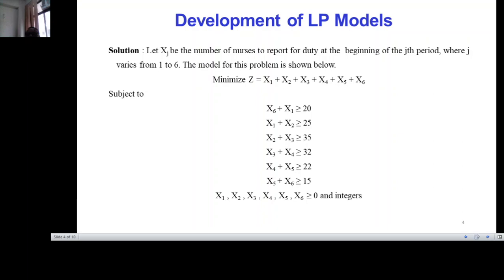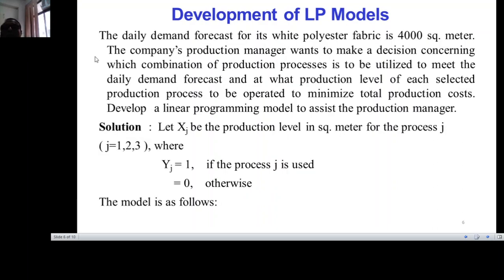Now it has been established from the market research that the polyester fabric has a maximum demand of 4000 square meter. What does it mean? That the company should produce either 4000 square meter or less than that, not more than that, because you do not want to produce to keep it in your inventory.